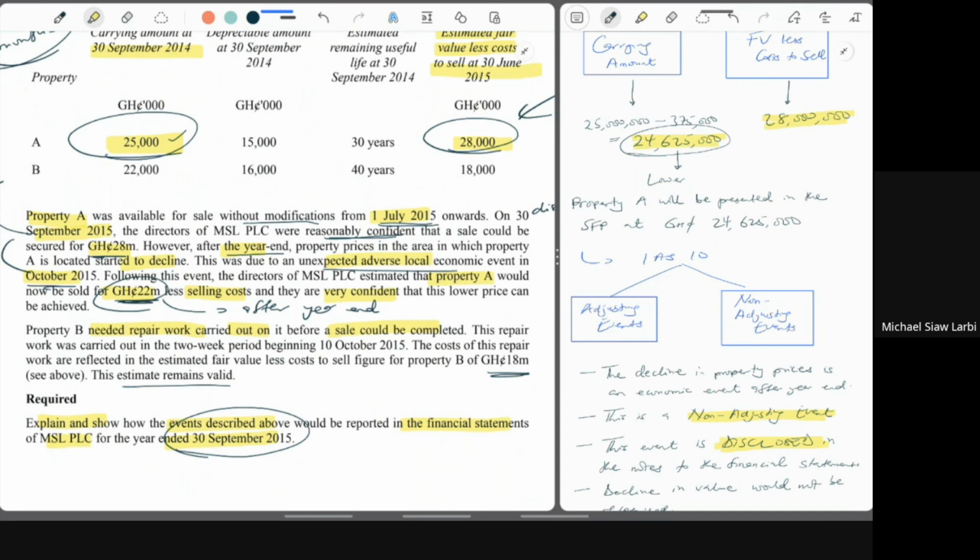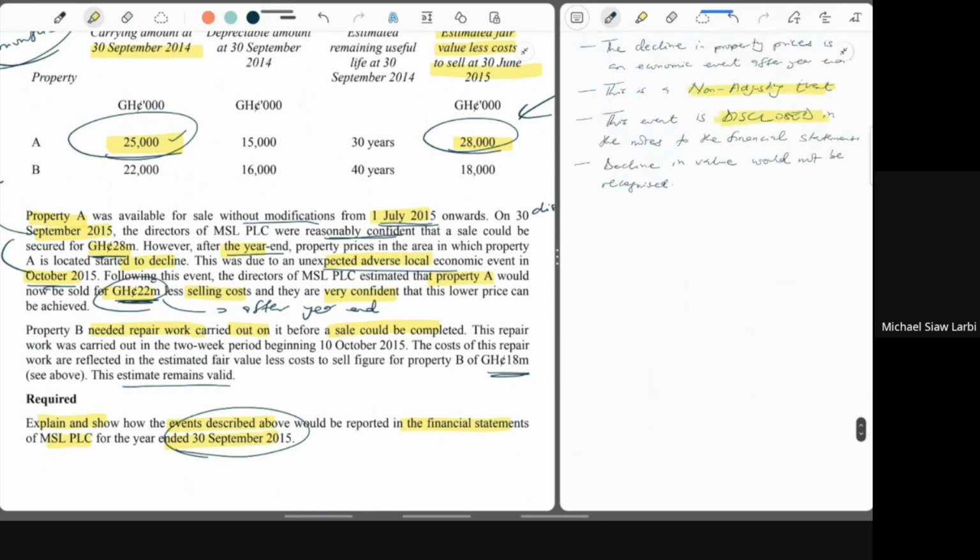Nothing like, hold on, let me go and repair the asset. No. When you find a buyer, he should be able to take the asset home that same day. Because this property needs remedial work, it will not qualify as a non-current asset held for sale. We'll keep it as a normal non-current asset, right? So talk about this here.